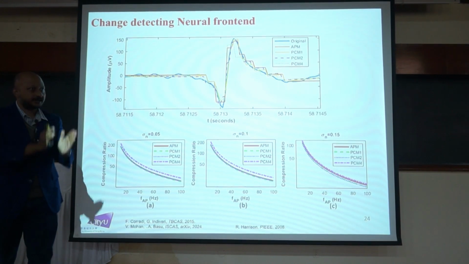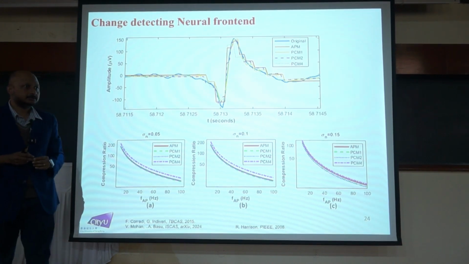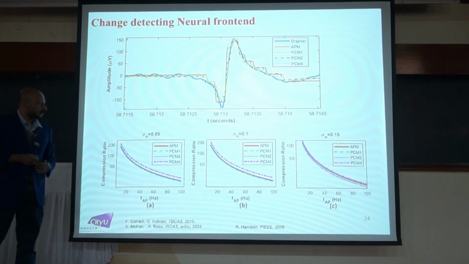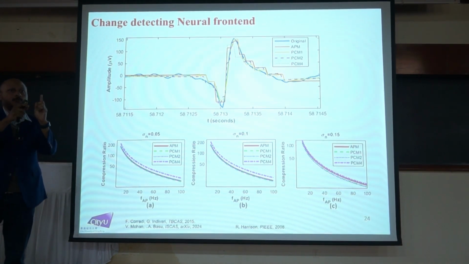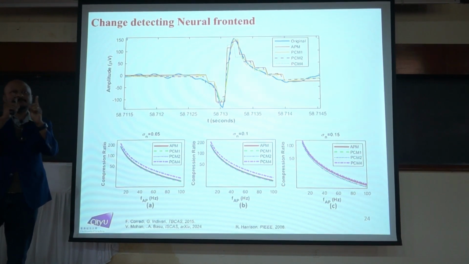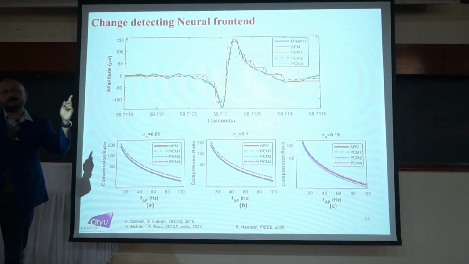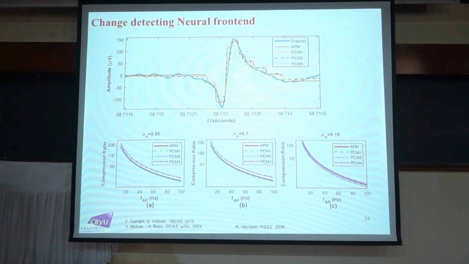So it's a synchronized packet in that sense. What are the different numbers from a PCM? Oh, this is just increasing the time window: PCM1 is time window of t, PCM2 is time window of 2t, 4t, and so on. So basically, ballpark, what you see is for action potential rates of about 40, you would expect compression ratios about 50.